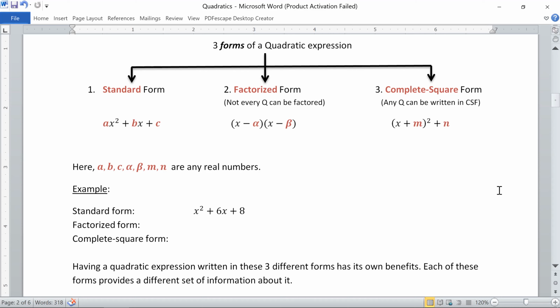Let me say here about the Q, about the quadratic. The last sentence is each of these forms provides a different set of information about the quadratic.